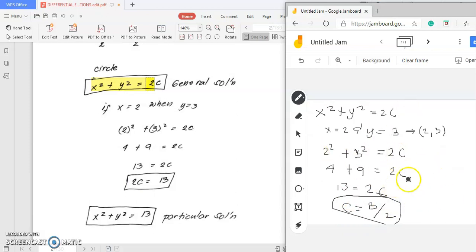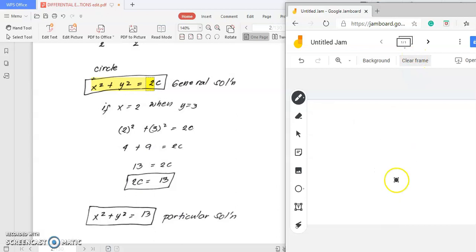So, from there, how will we get our particular solution? Let me clear this again. Don't worry, it was recorded. So, we arrive with 13 over 2. Okay? So, we have this value for our arbitrary constant. So, our general solution now is x squared plus y squared equals 2c.